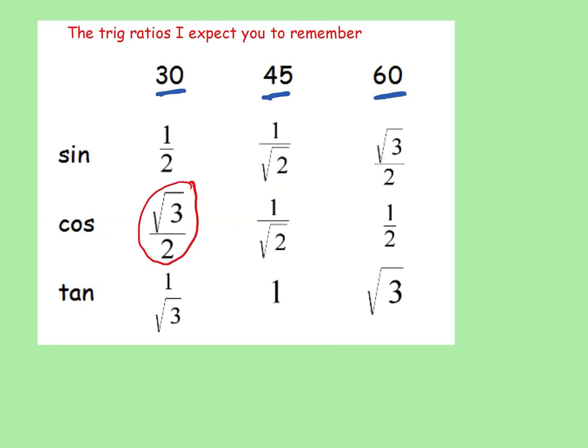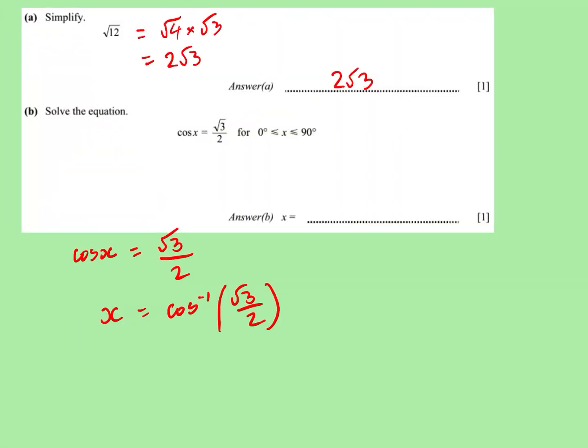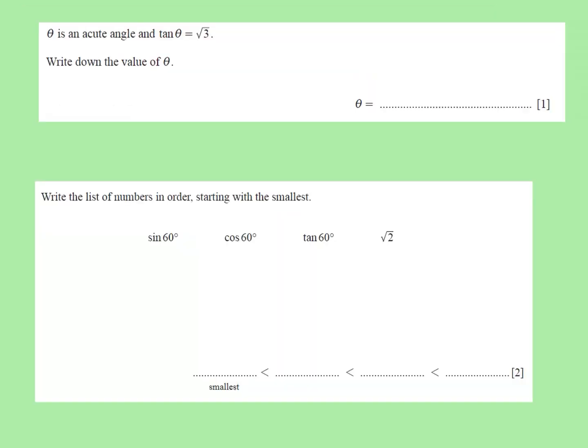Cosine root 3 over 2, then the angle is 30 degrees. You need to know that. So x is equal to 30 degrees. That's just telling me what size my angle needs to be. Well, that's between 0 and 90, so that's the right answer. So x is equal to 30 degrees. No calculator required.